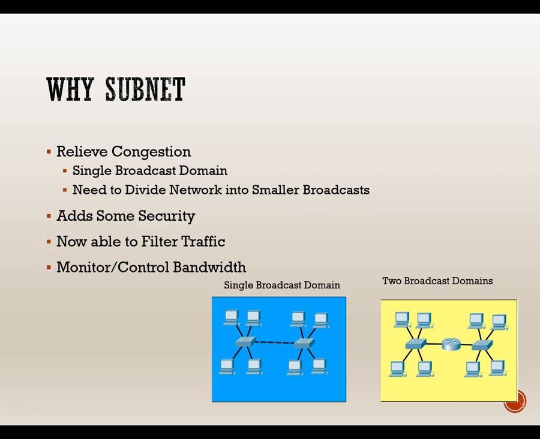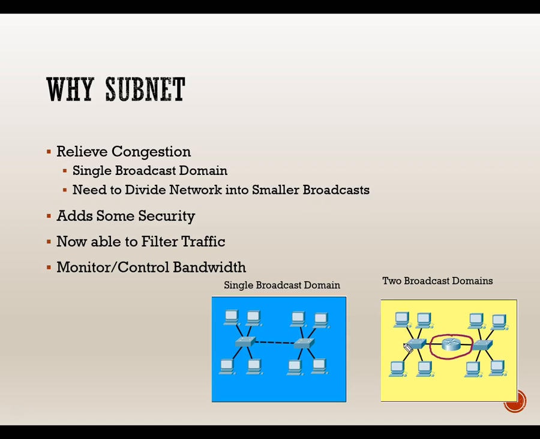But why subnet? The answer here is to relieve congestion. When we look down here at the bottom, we have a single broadcast domain on these 2 different switches, 2 different networks, single broadcast domain, because remember, a router is the device that divides the broadcast domain.